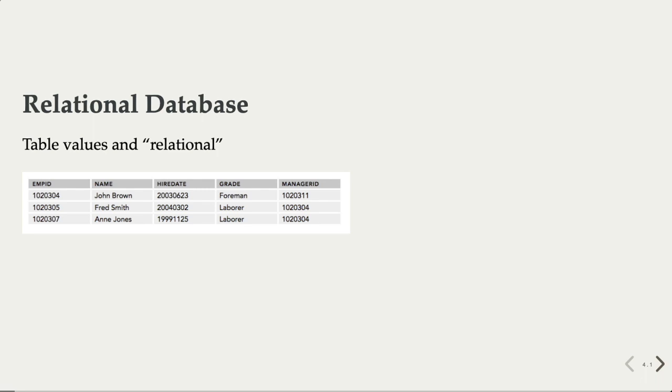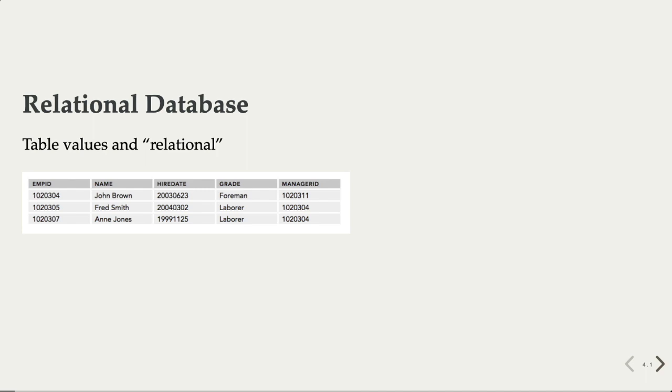If we look at the second record, Fred Smith, which of course has a different employee ID, but if you look at the manager ID for Fred Smith, which is 102, 03, 04, it's actually a reference to the first record, John Brown.